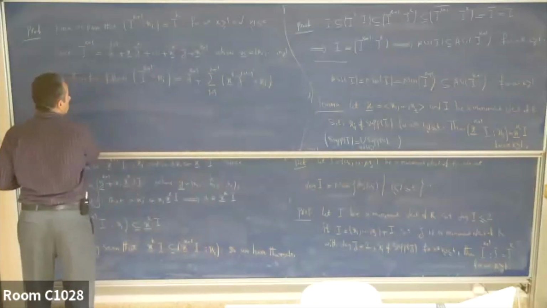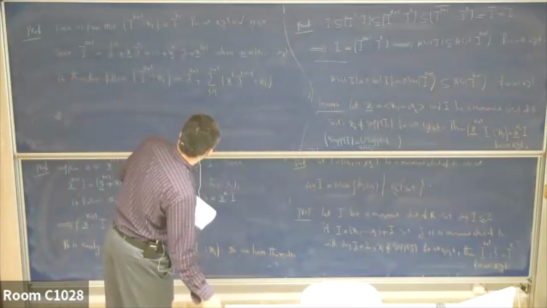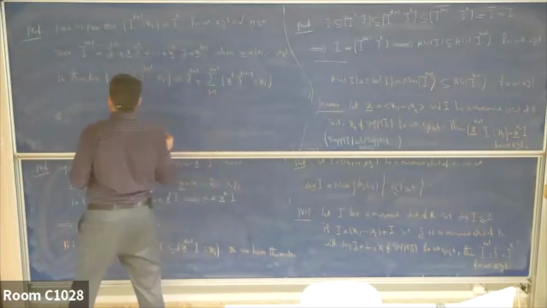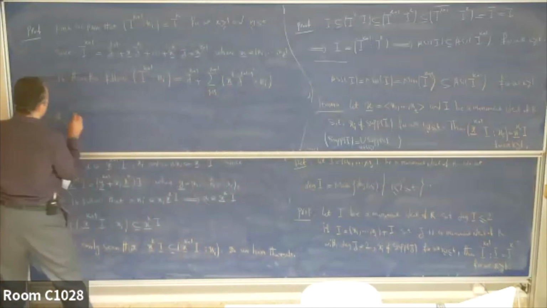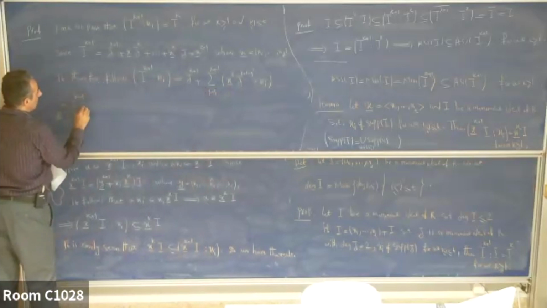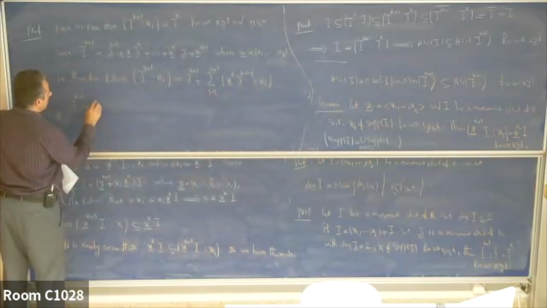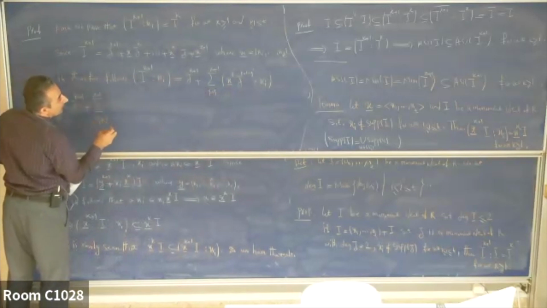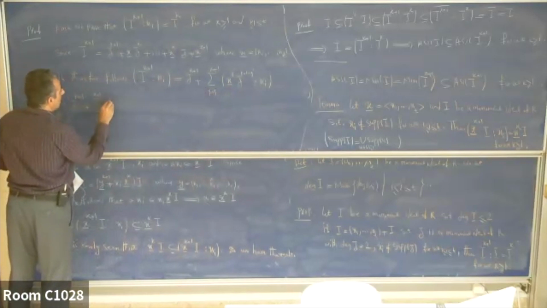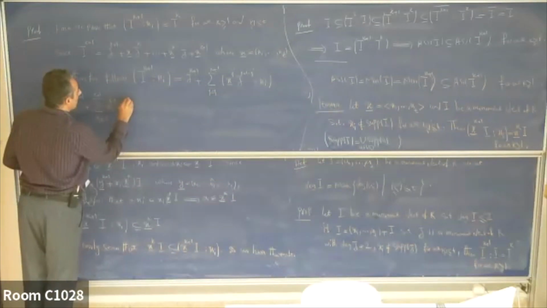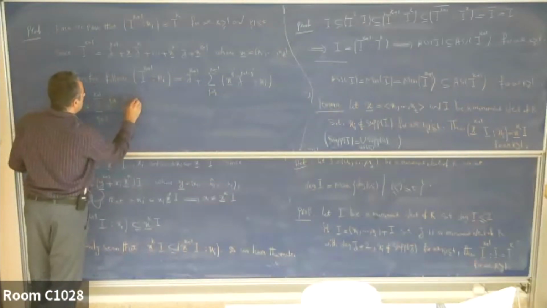So by the previous lemma, we have this is equal to J plus 1 plus the sum of J^(k-1) and so on.